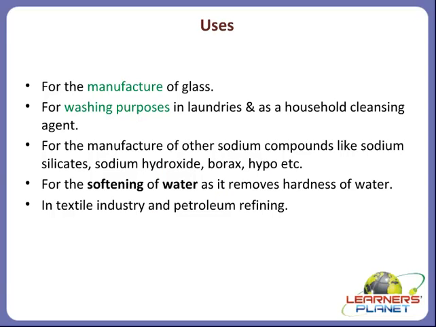I told you in my previous session that sodium silicate, as the name indicates, contains sodium. Silicate is silica, that is Na2SiO3, sodium silicate, right? Sodium hydroxide and borax and hypo solution, that is hyposulfite solution. It is also used for softening of water as it removes the hardness of water.